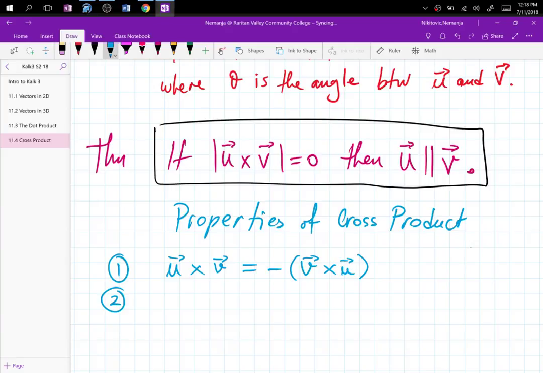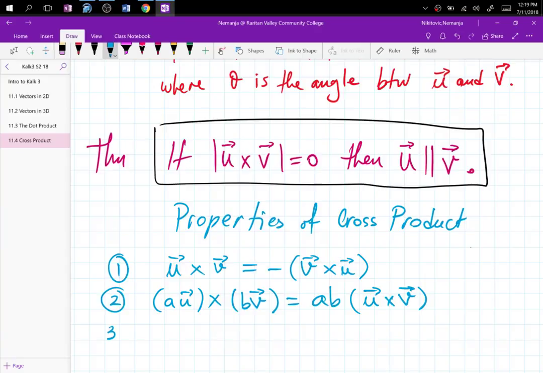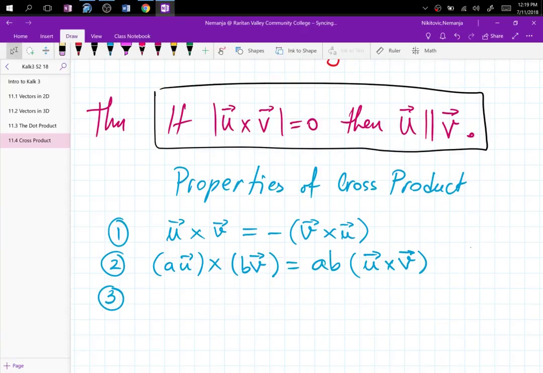Number two, aU cross bV is ab times U cross V. This is called the associative property. And there are two distributive properties.